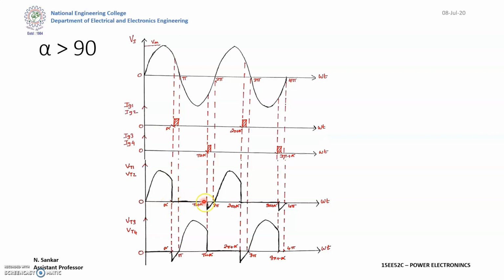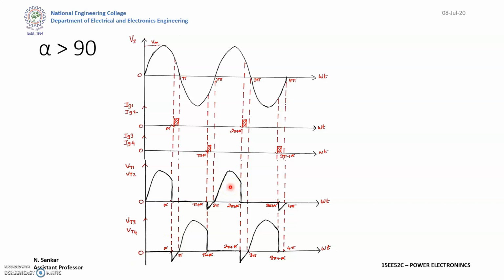From alpha to pi plus alpha, the voltage across thyristors T1 and T2 is 0. Similarly, from 0 to alpha, thyristors T3 and T4 are conducting, so the voltage is 0. At this point they are turned off, so there will be a voltage across T3 and T4. This is the voltage across T3 and T4, and this is the voltage across T1 and T2 in the off condition.